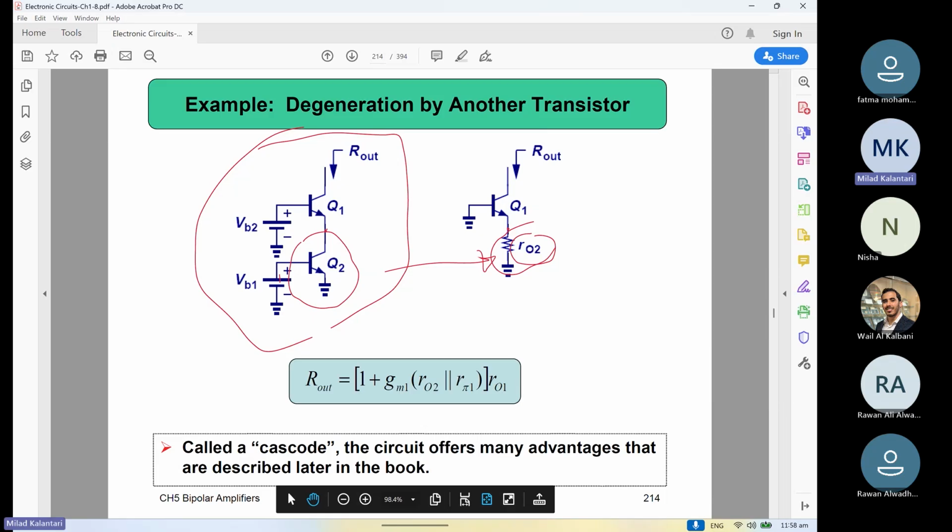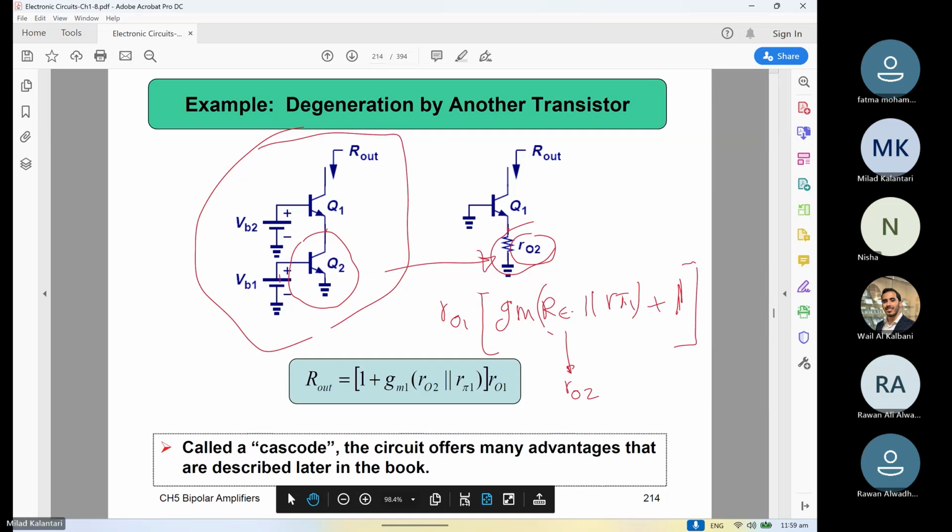And then we know that the R out in this case will be RO1 times gm RE parallel with r pi 1, basically, plus 1, right? But now RE is basically RO2, right?